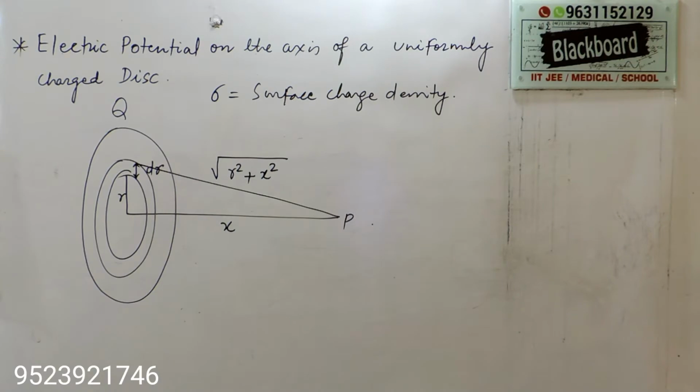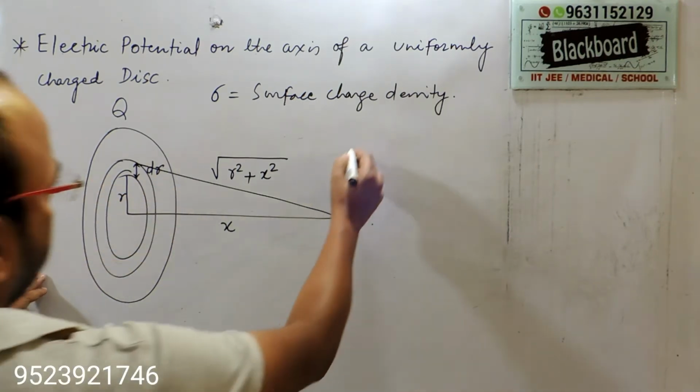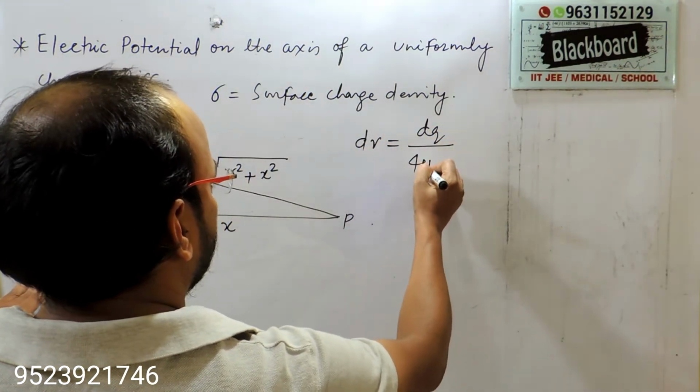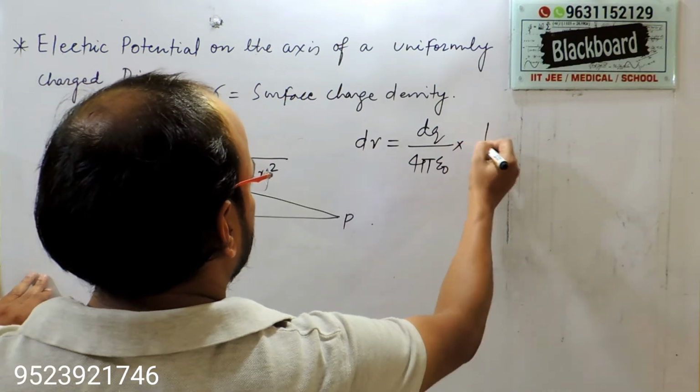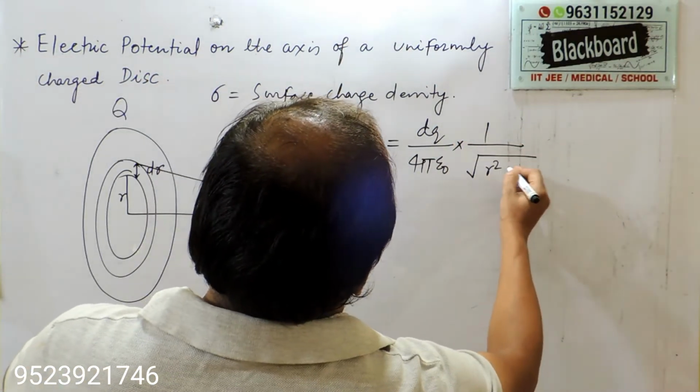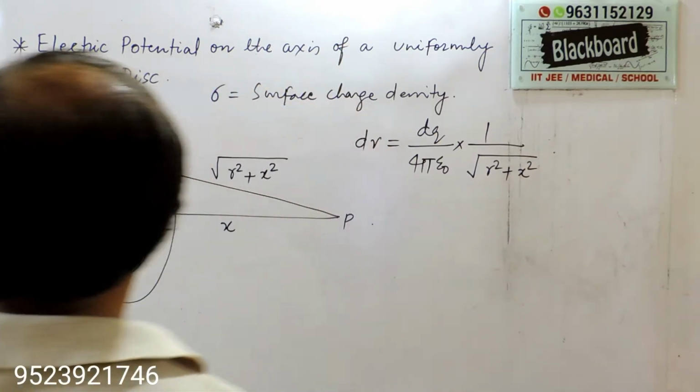This distance. Potential at P due to this circular strip is dV, and dV is equal to dq by 4 pi epsilon naught into 1 by root under r square plus x square.